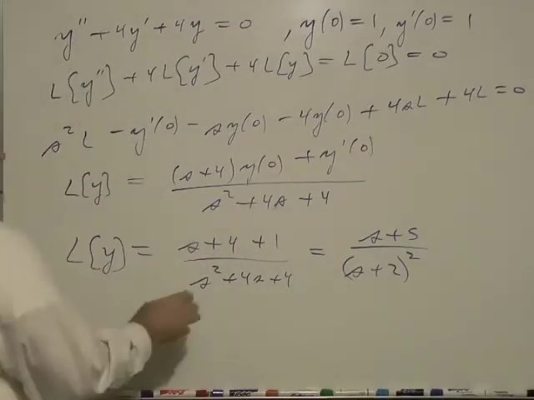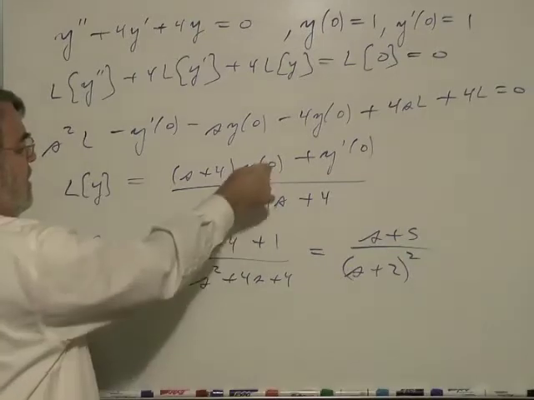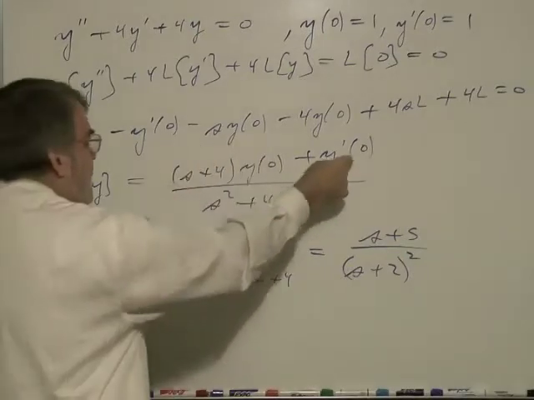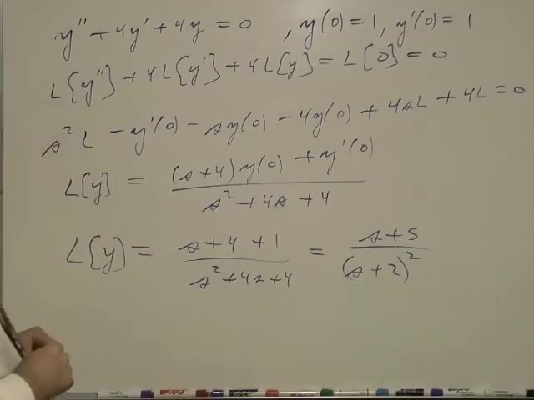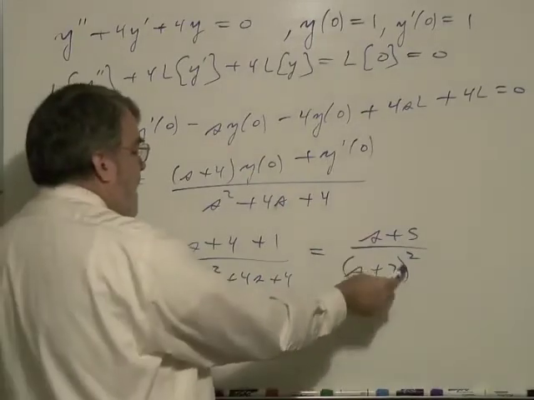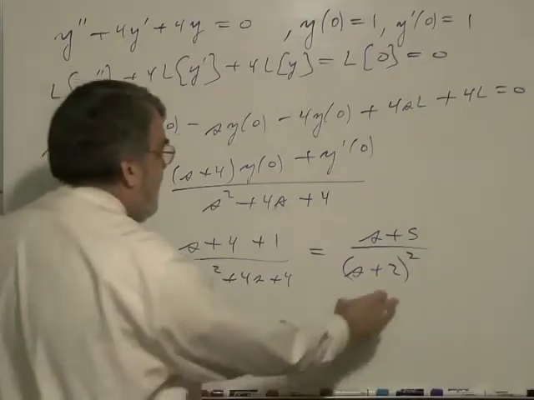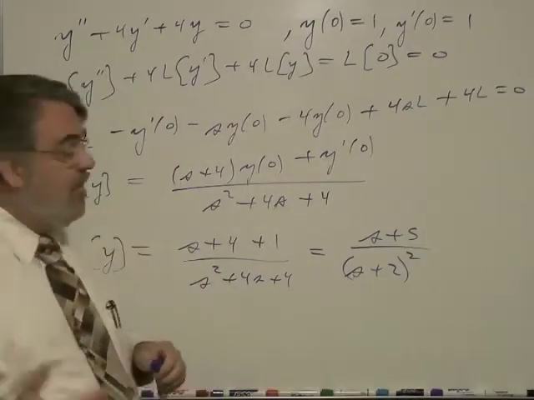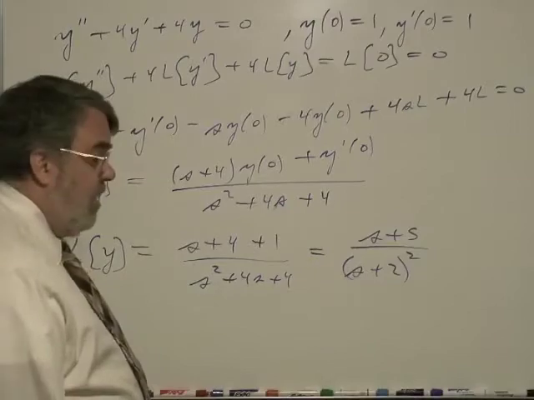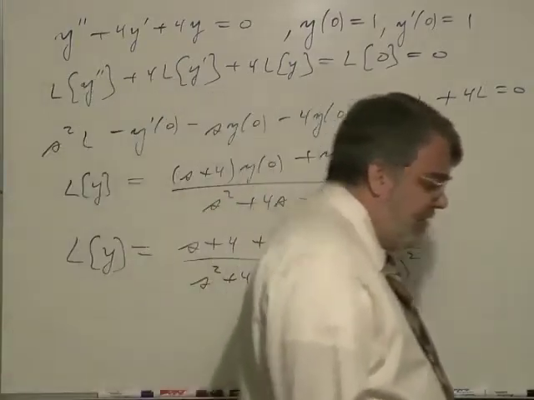And we have L of y as s plus 4, this was 1, and then this was 1, plus another 1. And so that adds up to s plus 5 over, and my denominator factors as a perfect square, s plus 2 quantity squared. Well, what do we do with that?